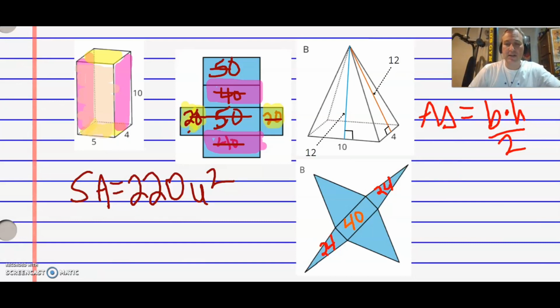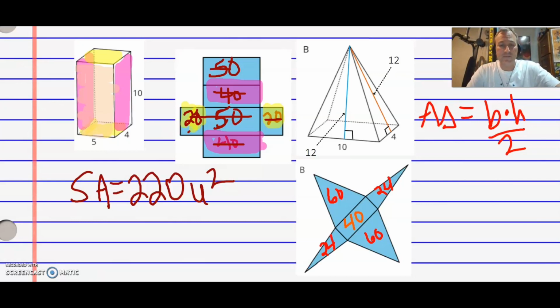And then we got the large triangles, there's 2 of those. We have a 10 base by a 12 height. So all we have to do is base times height divided by 2. The base is 10, the height is 12. That's 120 divided by 2 is 60. So each triangle is worth 60.